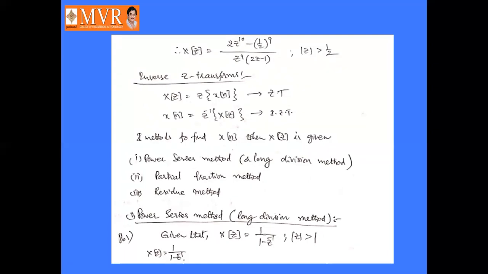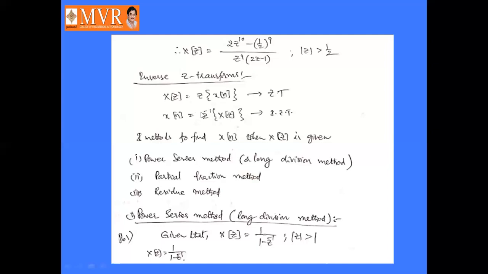The first one is the power series method or long division method. It is a very simple method; from childhood onwards we learned this long division. So we will solve a problem so that we can understand the long division method concept.